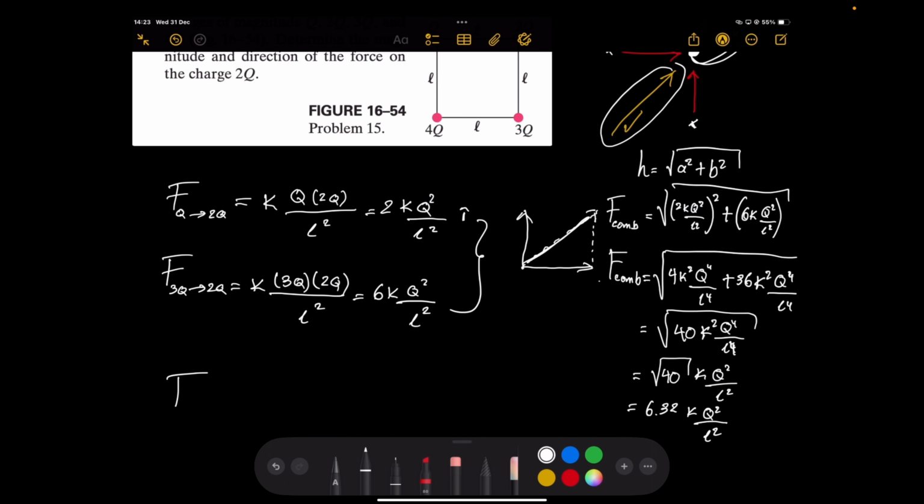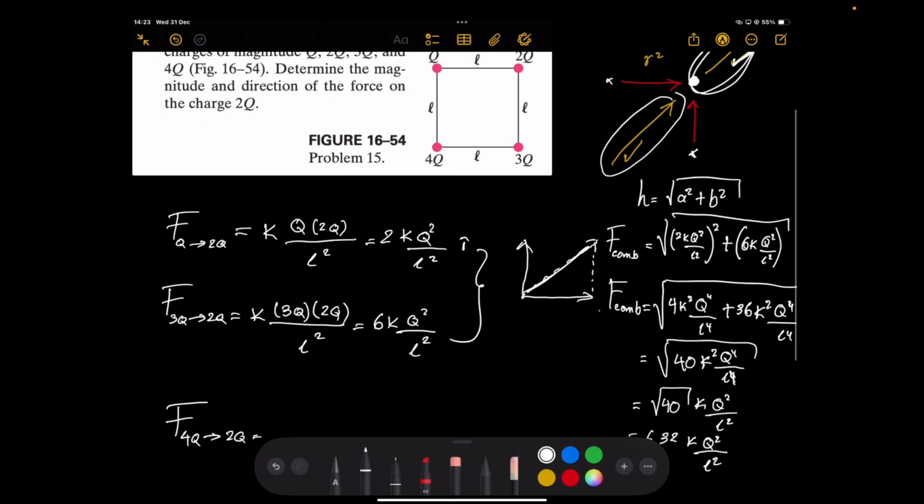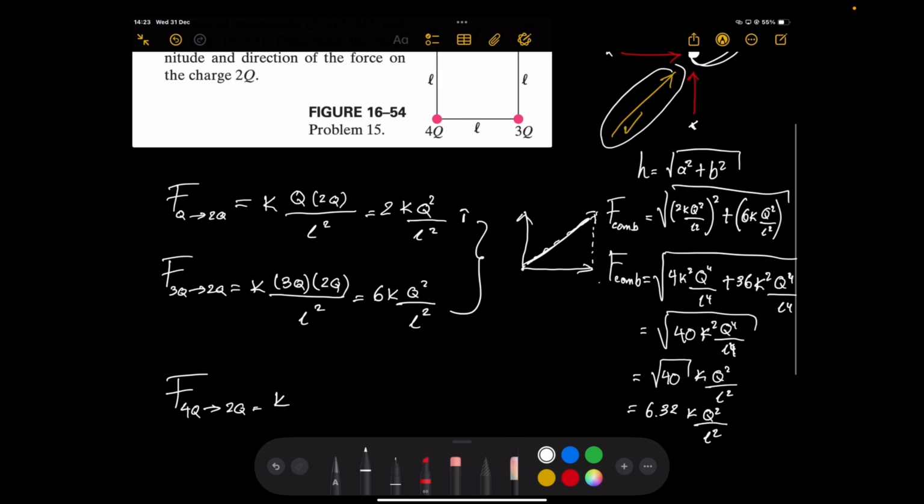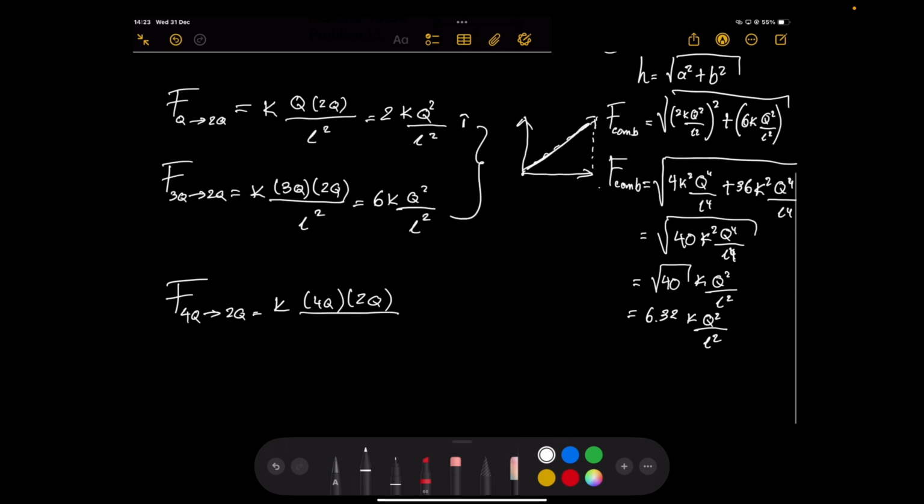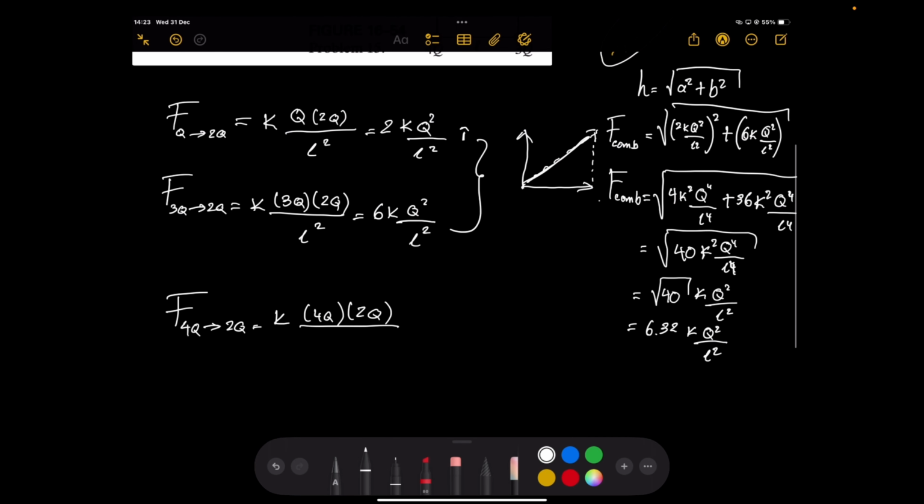All right. So the force of 4Q acting over 2Q is going to be equal to Coulomb's constant, the product between the two charges. So the first one is 4Q, the second one is 2Q, over the distance. What is the distance?